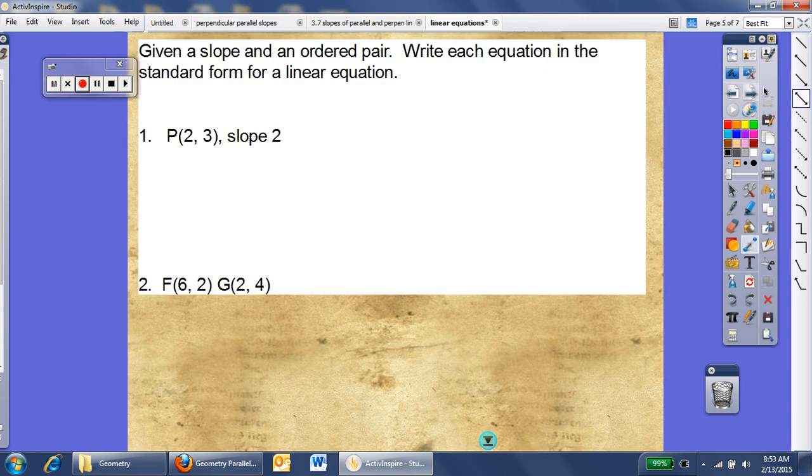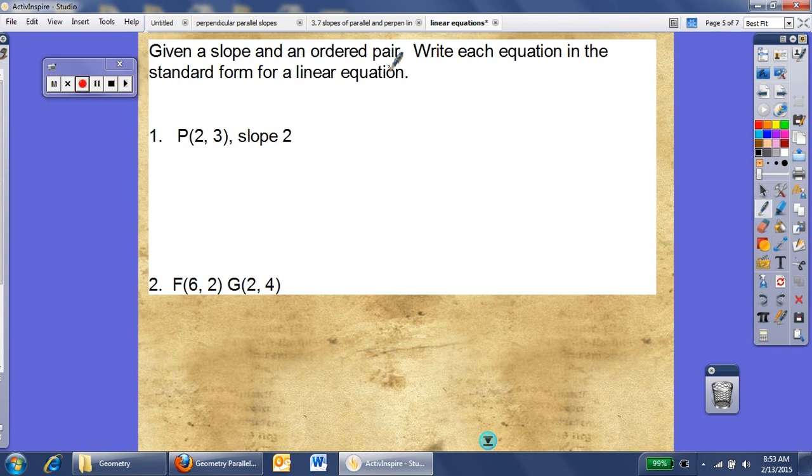Let's do a couple more examples. Given the slope here and an ordered pair, we need to write each equation in standard form for a linear equation. So given this point (2, 3) and the slope of 2, since it gives me a point and a slope, I'm going to start by writing this in point-slope form.